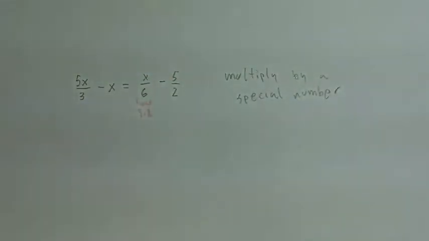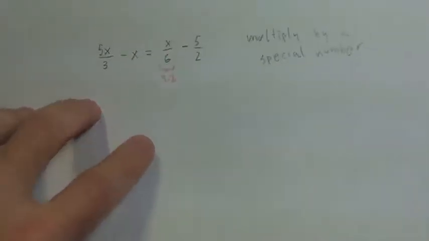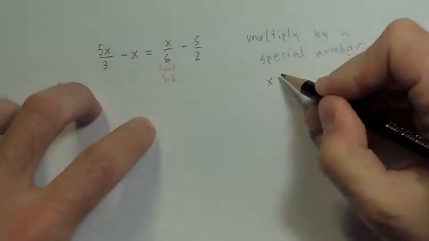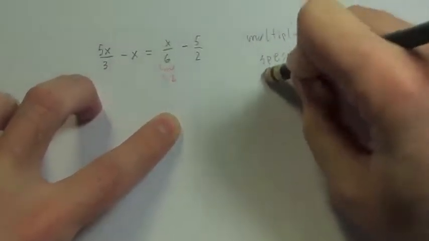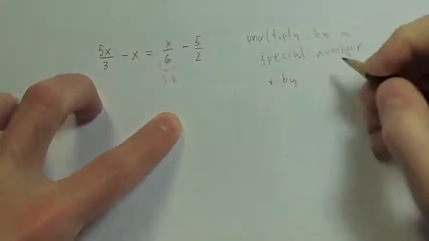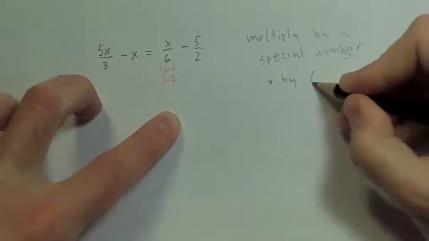Okay, if you don't choose the right number first, say you choose one and it only cancels out half your denominators, just pick another number and multiply everything through. It'll work out. So we're going to multiply by, I probably shouldn't use an X here, use the dot. We're going to multiply by 6.